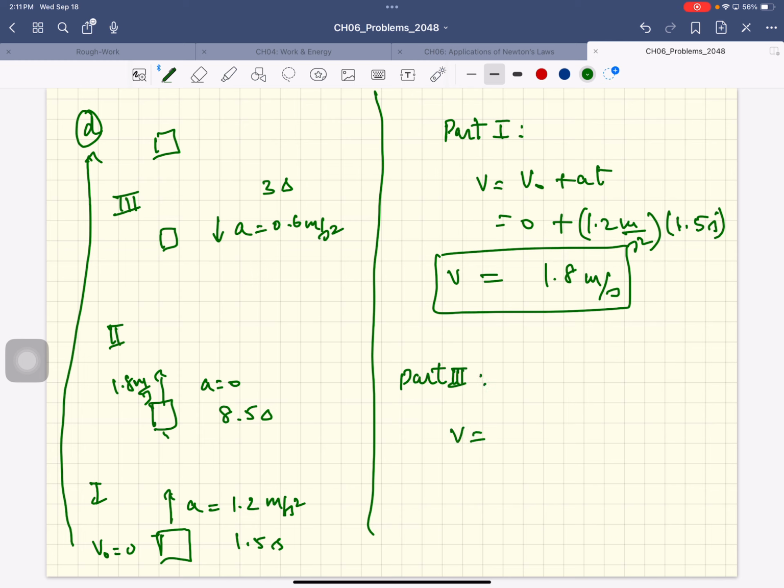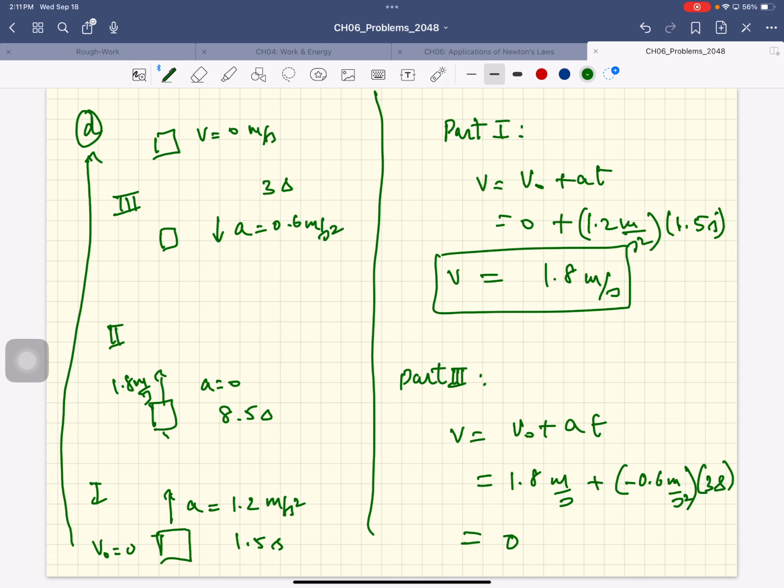The final velocity is initial velocity plus acceleration times time. The initial velocity is the constant velocity, 1.8 meters per second. Acceleration is negative 0.6 meters per second squared, and you do this for 3 seconds. So the final velocity is 0. You come to rest.